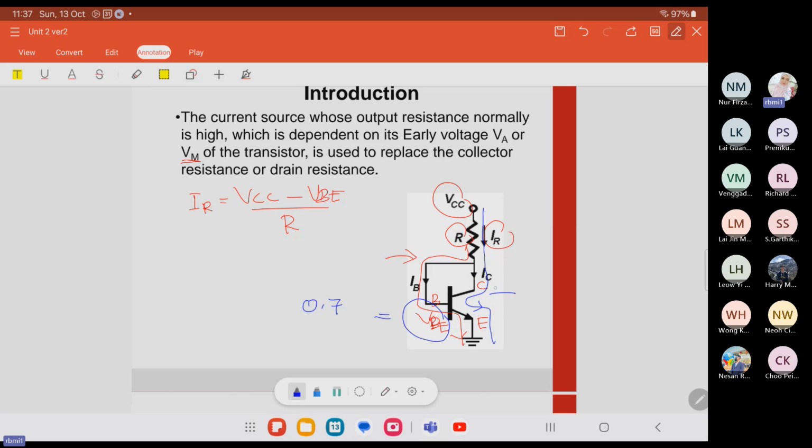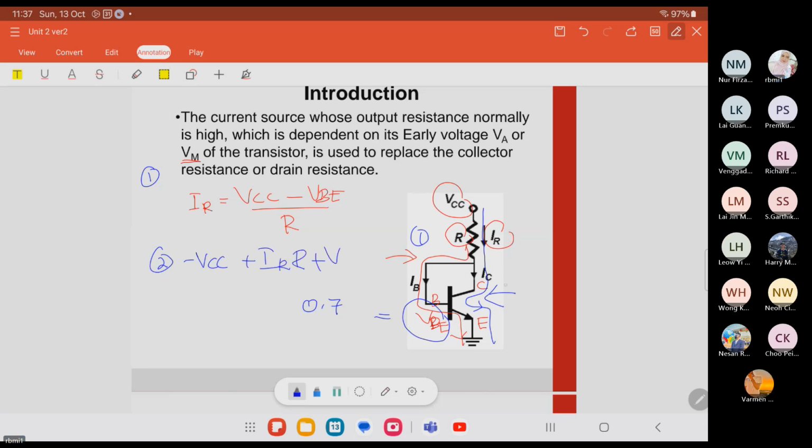For this path, we write it as number 1, loop or path 1. For number 2, it is minus VCC plus IR R plus VCE, equal to 0.